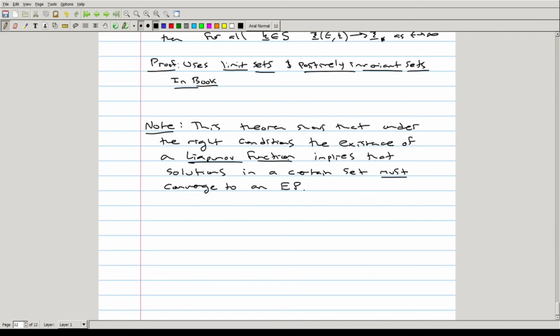And in this theorem, the Liapunov function does not have to be strict.